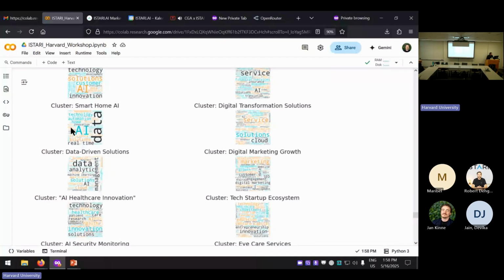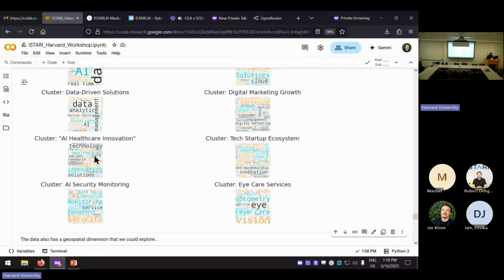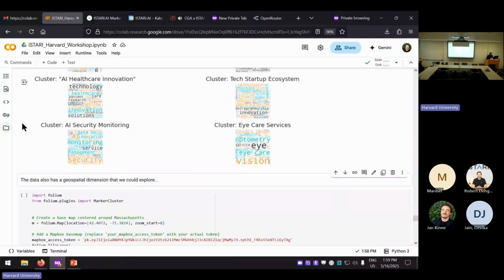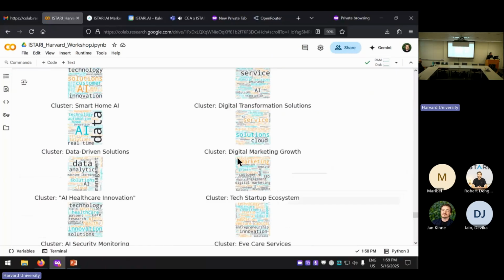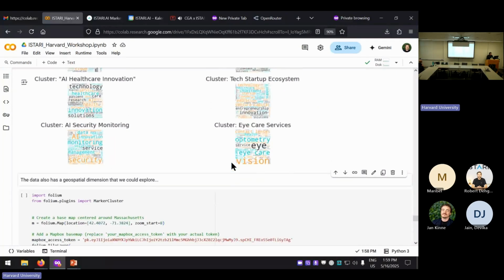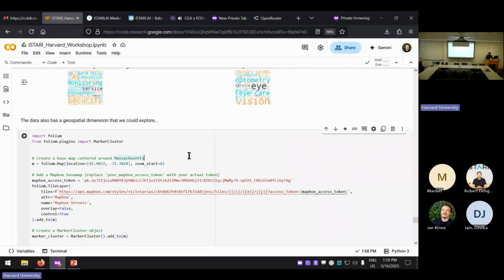Those are the words used by the companies engaged in AI in the field of smart home AI. In AI healthcare innovation, it's about technology, healthcare, patient research, community health solutions, and so on. And you can see those are some of the topic clusters that we have in Massachusetts when it comes to AI companies.